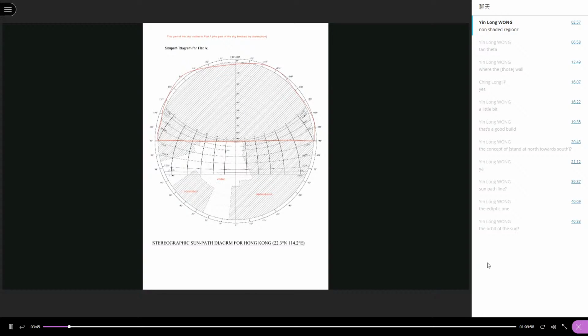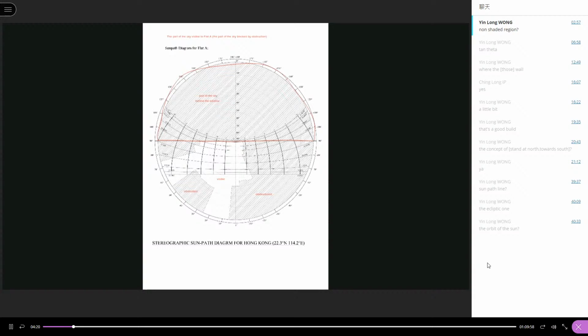So this part would be the part of the sky behind the window. For a vertical plane, it is only able to see half of the sky hemisphere, right? So when the window is facing south, then the north part of the hemisphere will not be visible to the window.